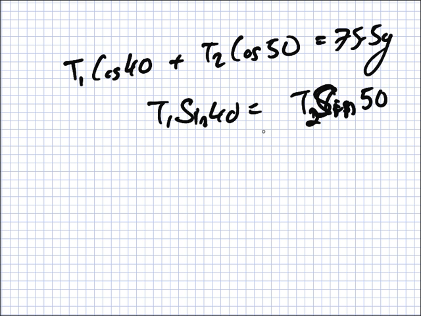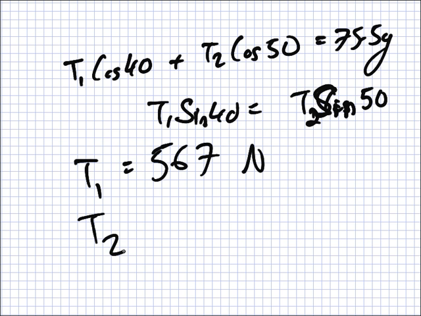So, right, T1 is 567 newtons, and T2 is 476 newtons. Yes. Seems familiar?